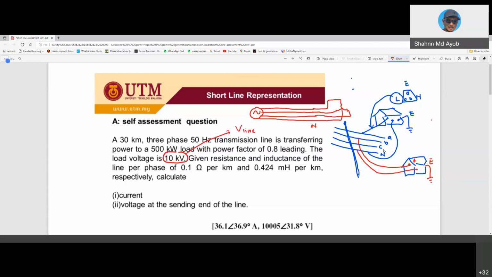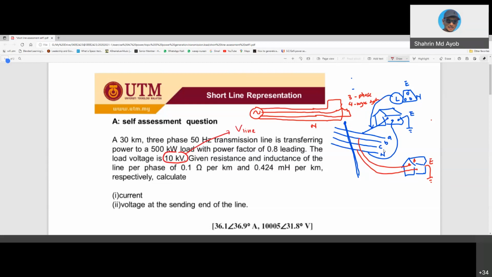So that's why we have a three-phase four-wire system. Why I'm explaining this: because it is related to the power transmission line.